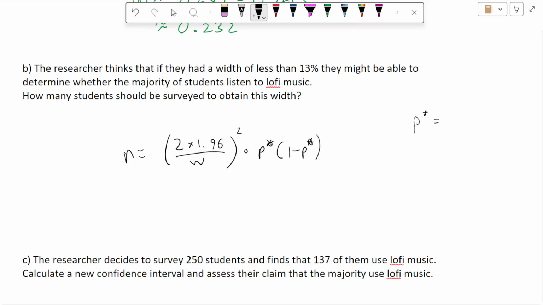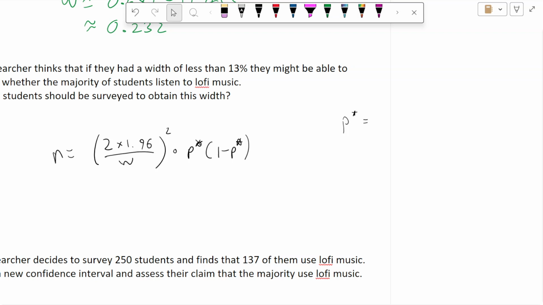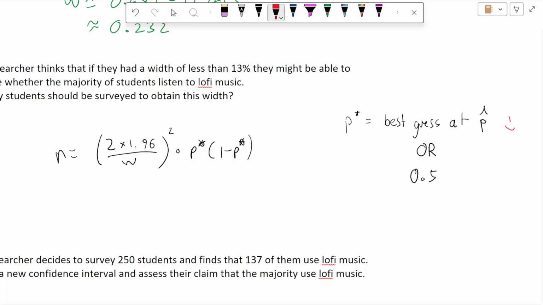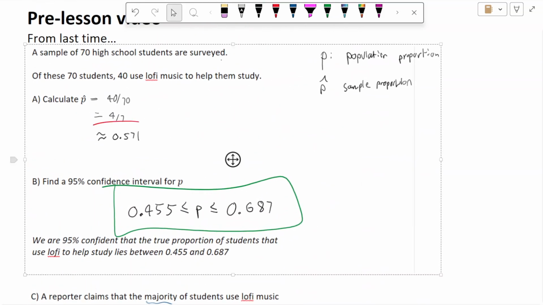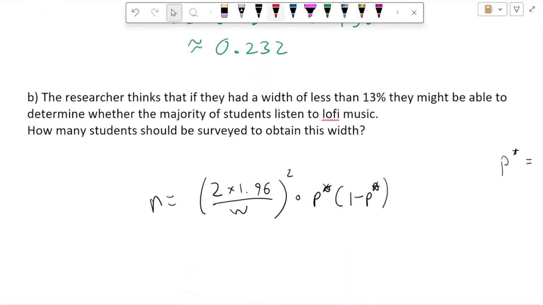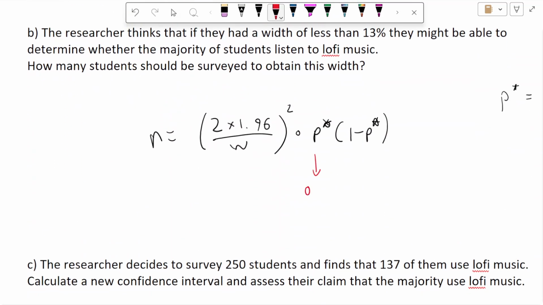So P star is either your best guess at P hat or 0.5 if you don't know that. Now, in our case, we actually do have this guess at P hat because we already did a survey and we got P hat last time was 0.571. So for our purposes, we're going to use P star as being 0.571. If you don't know that, then you're just going to use 0.5.